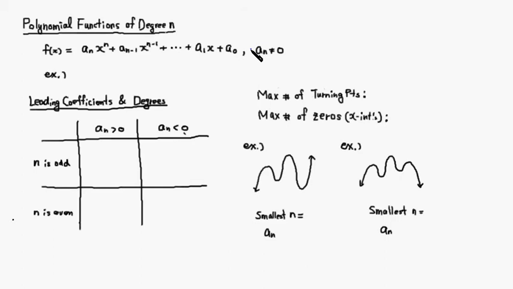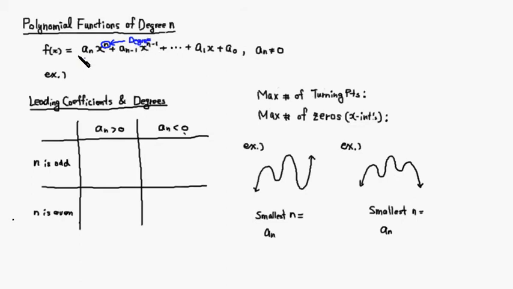Since the degree is n, the leading coefficient cannot be 0, so a_n is not equal to 0. So n is basically the largest power. This is the degree.